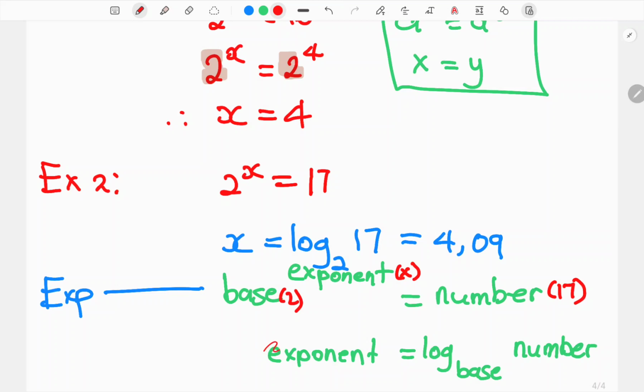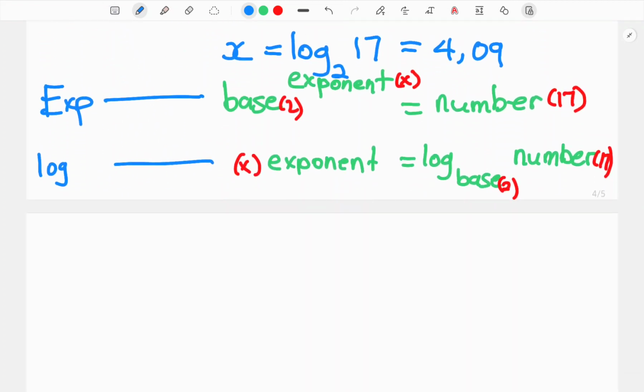It might seem unclear now, but the more you do it, the better you understand. So this is in log form. Understanding this forms a foundation for being able to solve problems in logarithmic functions. If you can understand this, you will be able to solve any problem in logarithmic functions.